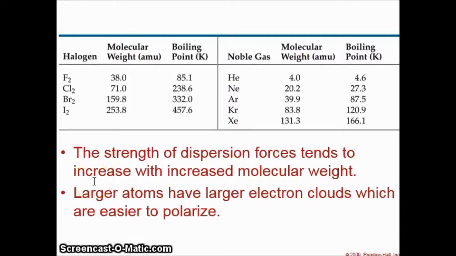Also, the strength of the dispersion forces tends to increase with molecular weight. If we look at the molecular weight here, the boiling points go up, because the intermolecular forces are stronger. This dispersion force is stronger, and it's able to hold the molecules closer together. The larger the atom, the larger the electron cloud, which is easier to polarize. The bigger the electron cloud, the more we can push the electrons to the other side of the atom, and the bigger dipole we can induce.